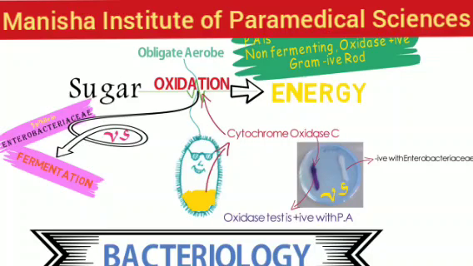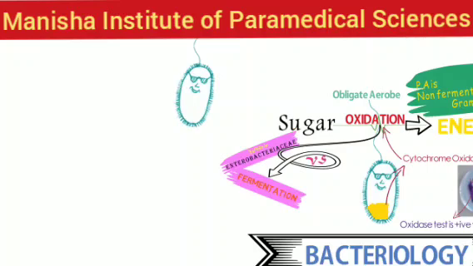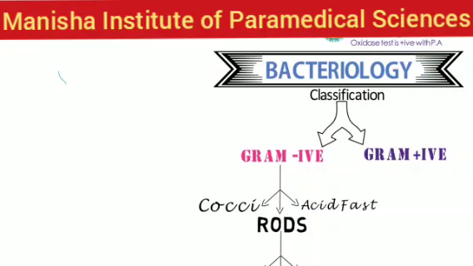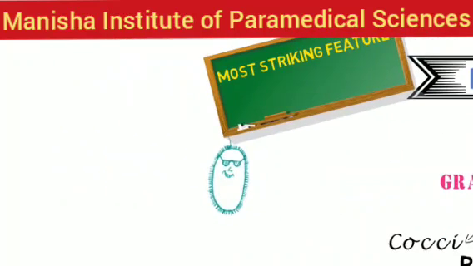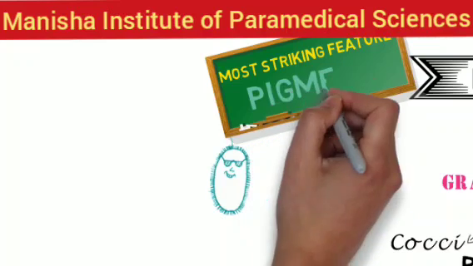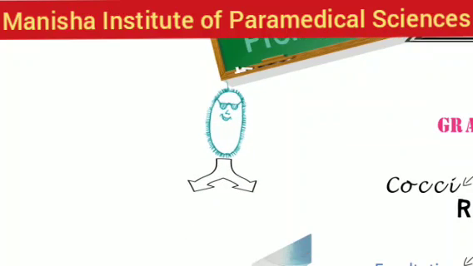Pseudomonas aeruginosa has polar flagella and pili. These flagella and pili make it motile. The most striking bacteriological feature of Pseudomonas aeruginosa is the production of colorful water-soluble pigment. It produces a blue pigment called pyocyanin.